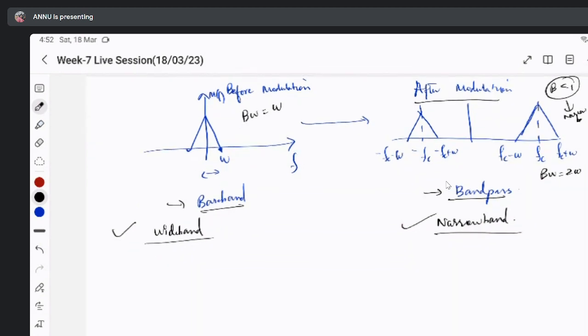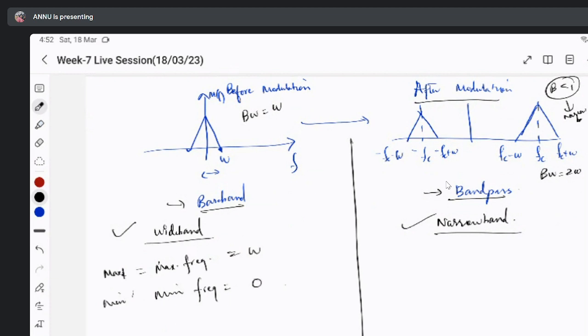Why is this so? You can see what is the maximum frequency here. The maximum frequency is W. What is the minimum frequency here? Zero, right? So if you take max f and min f division, you will have W by 0, which is infinity.